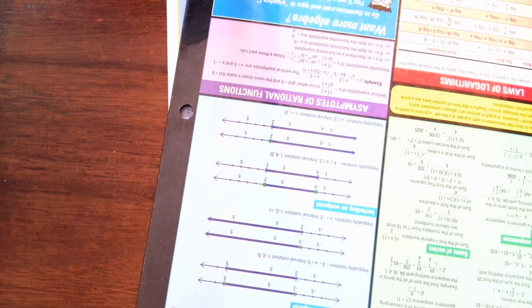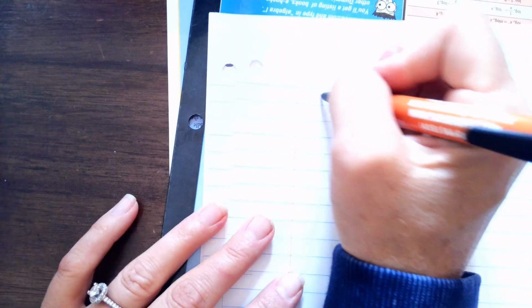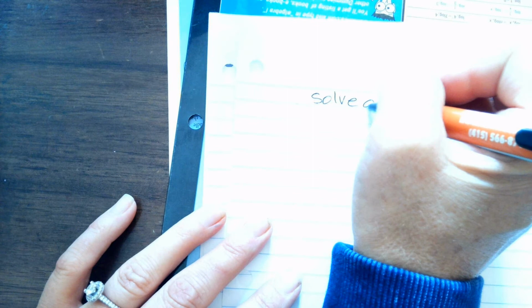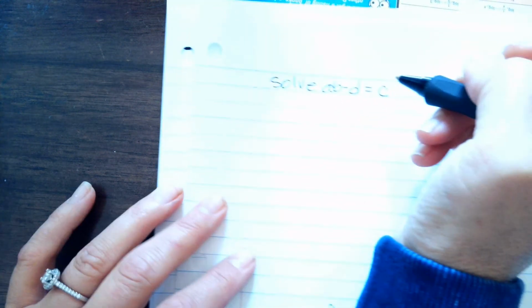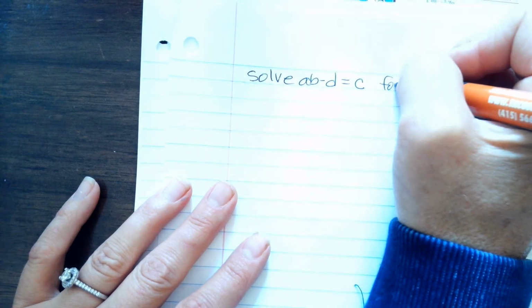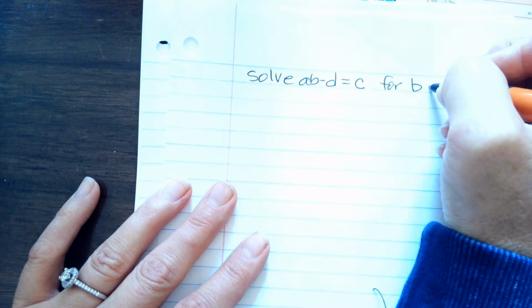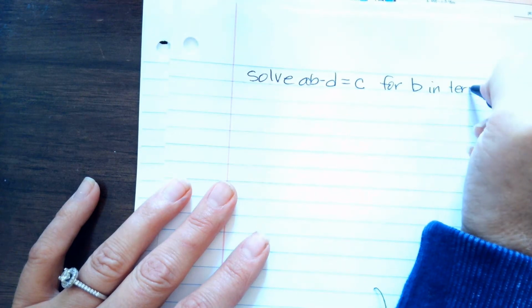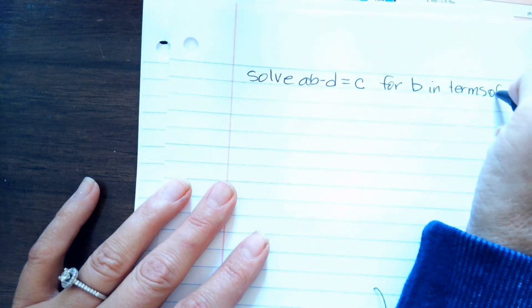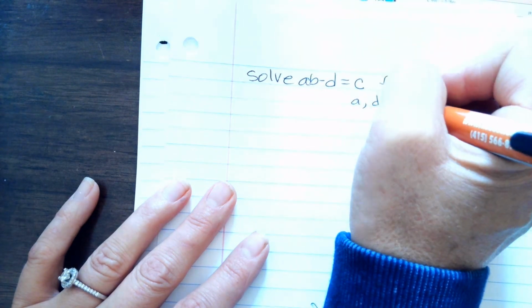So you're going to write with me. We have solve AB minus D equals C. And then right after it, it says for B in terms of A, D, and C.